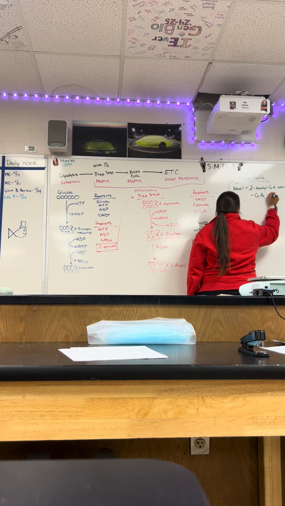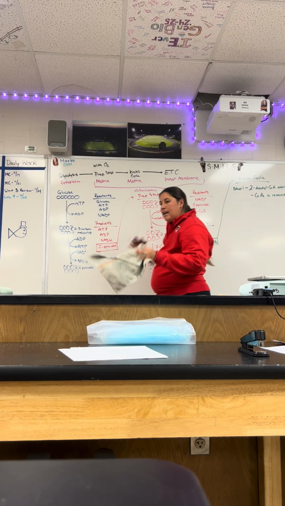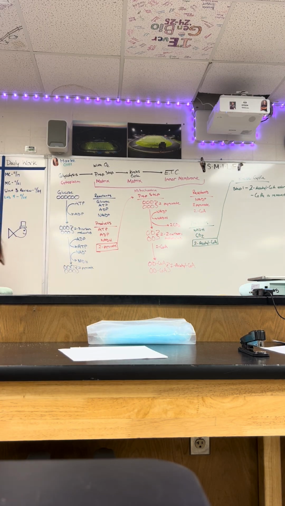Coenzyme A is removed. That is like a simultaneous thing. Remember how I said there's no good way to put step 1, step 2? As acetyl coenzyme A comes in, coenzyme A leaves. And you are left with 2 carbons.